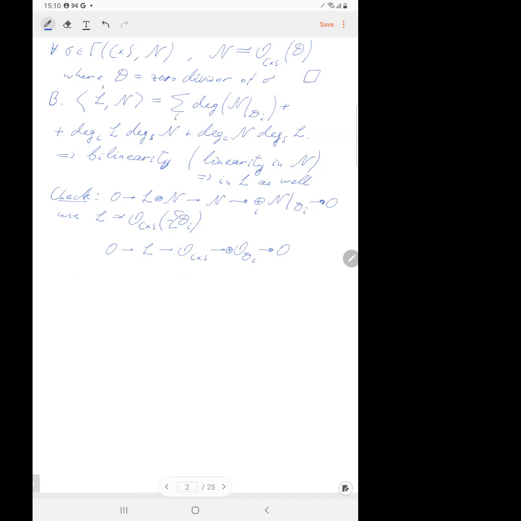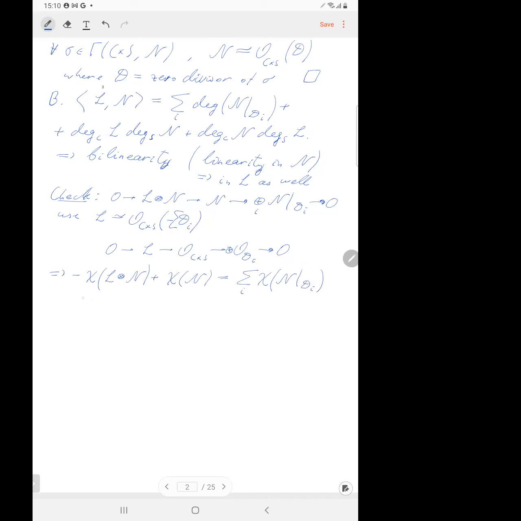Okay. So from this we have the equality of Euler characteristics. So negative chi of L tensor n plus chi of n equals the sum of chi of n restricted to our divisors.